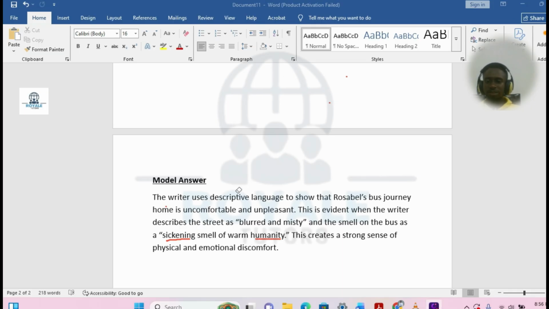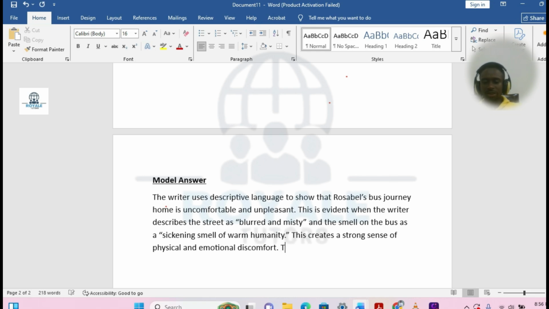But then let us zoom in. Don't forget that the basic thing you need to do for question two is to still zoom in on some of the words. So, a sickening smell, we can say that sickening is an adjective.